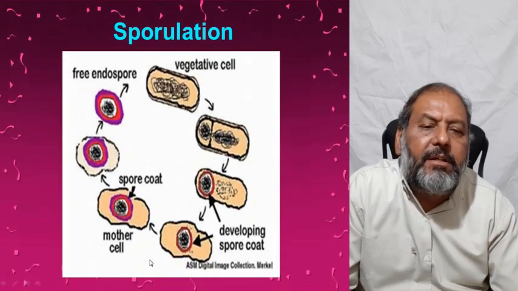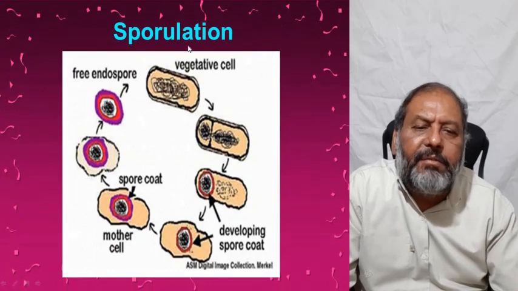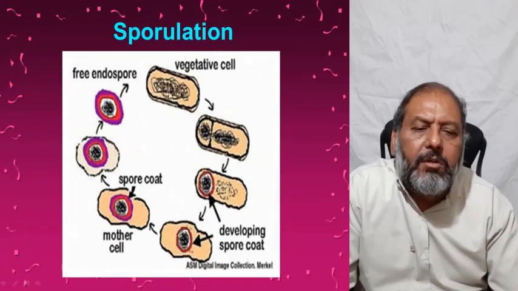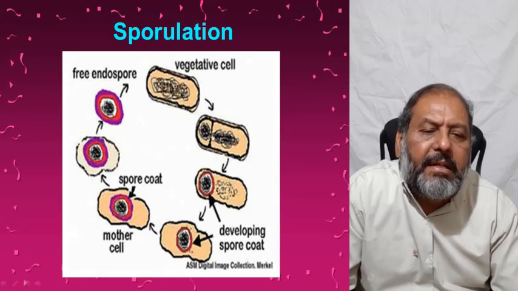Here one can see the sporulation: the vegetative cell, due to unfavorable conditions, goes into a structure like this.